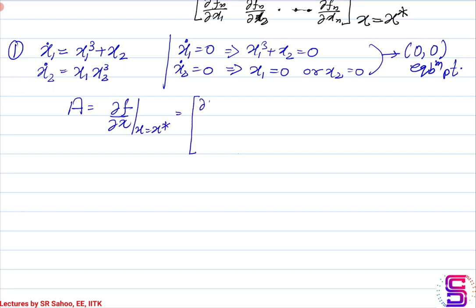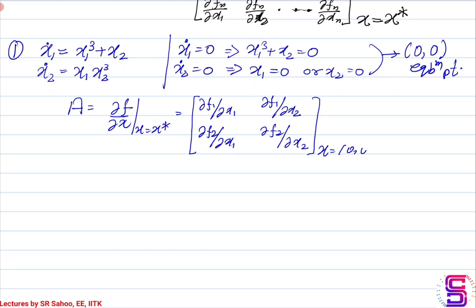So it is dou f1 by dou x1, dou f1 by dou x2, dou f2 by dou x1, and dou f2 by dou x2 evaluated at 0 0. So let us see what happens.